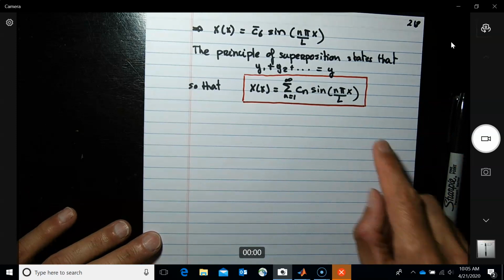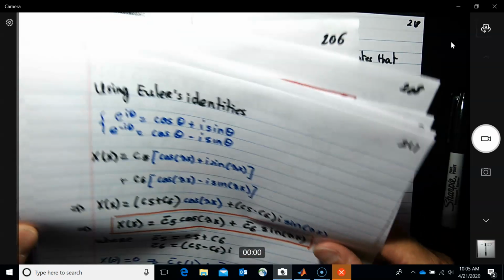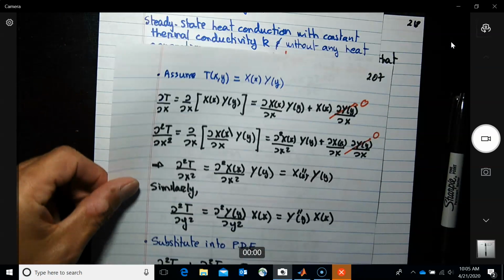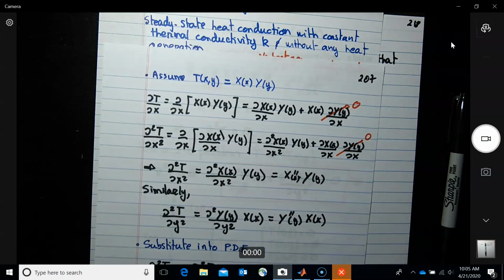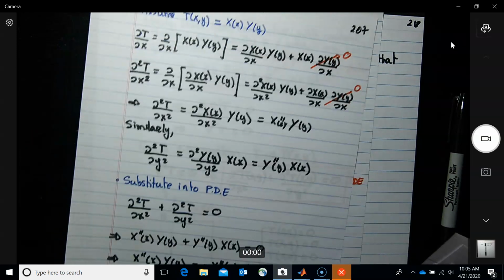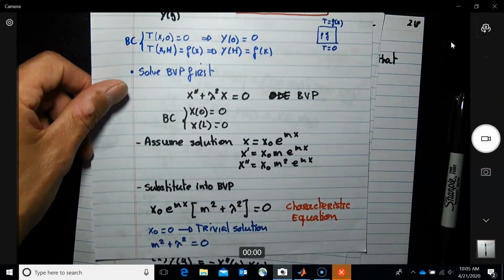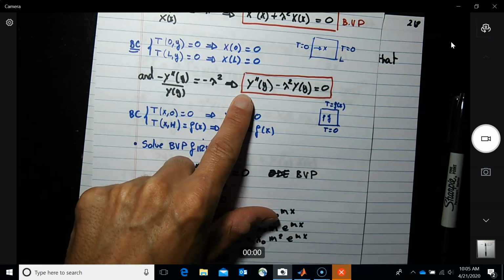Now we found the first part of the assumed solution. Now we need to find Y of y, and in order to do that, we need to solve the second problem, which is this one over here.